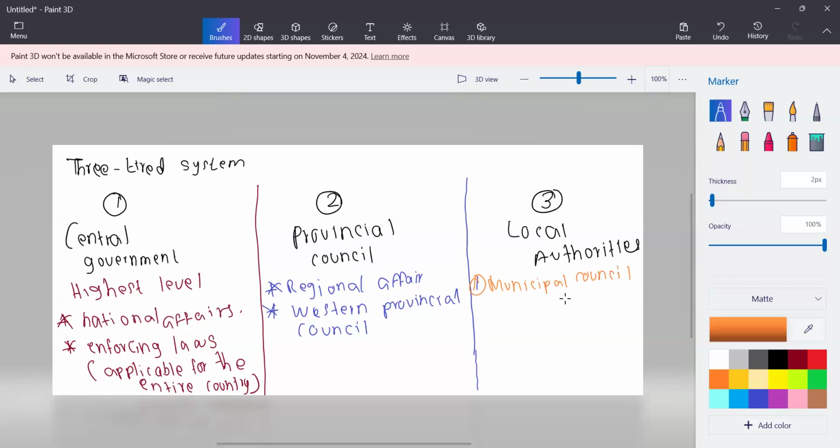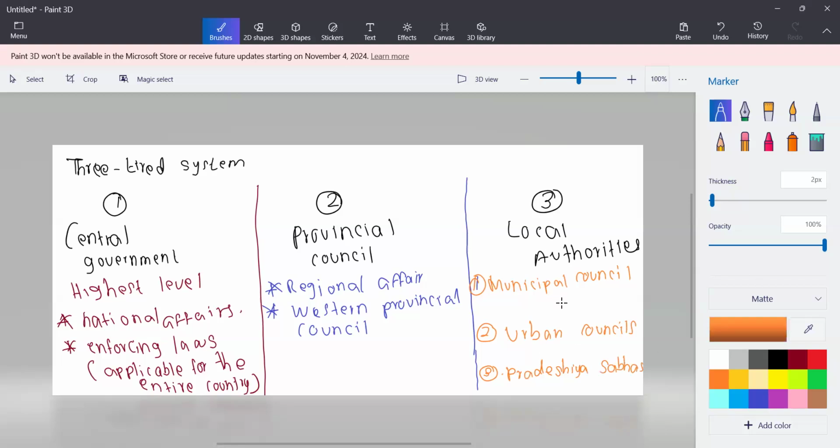Now teacher, what is municipal council? That is what came to your head, no? Municipal council, urban councils, and then the third one, Pradeshya Sabha. What is municipal council?